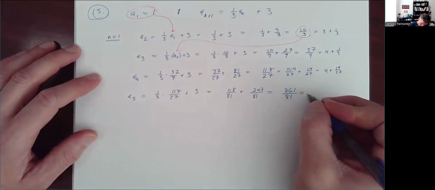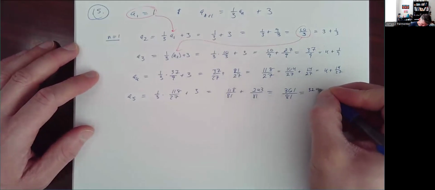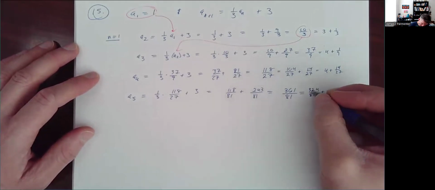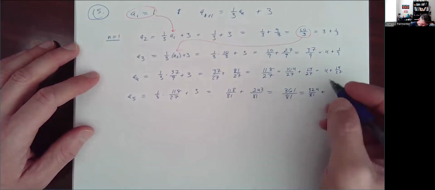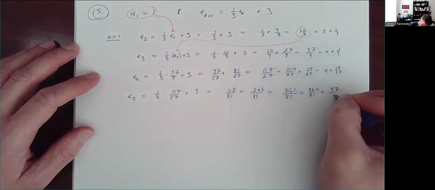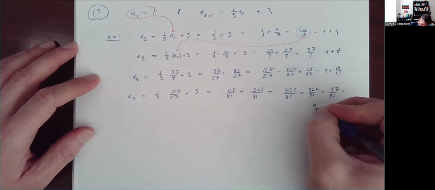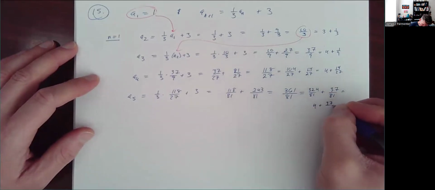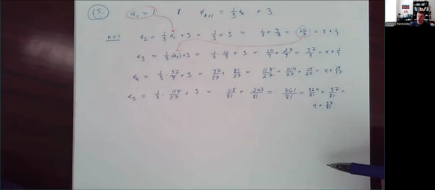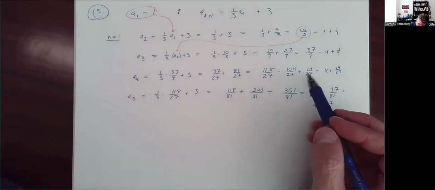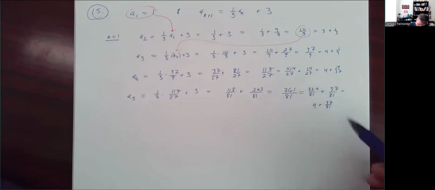Let's see what this one is. 4 times 81 is 324, so 324 over 81 plus whatever's left, which is 37. That's 4 plus 37 over 81. Interesting. So this one got a little bit smaller. I'll just point out that 14 over 27 is a little bit bigger than a half, and 37 over 81 is a little bit smaller than a half.